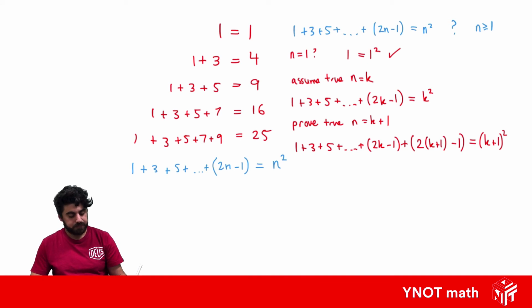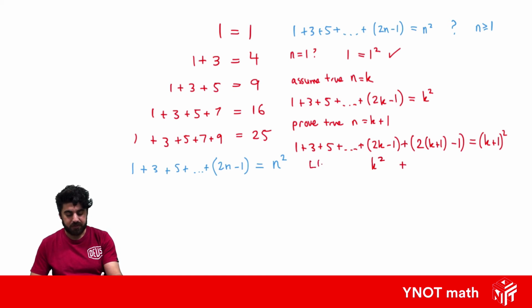Now, assuming that this is a true statement up here for n equals k, we know the addition of all of these ones is equal to k squared, which is the same as all of this here. So if it is true, that would mean that all of that is equal to k squared. And let's expand this out.